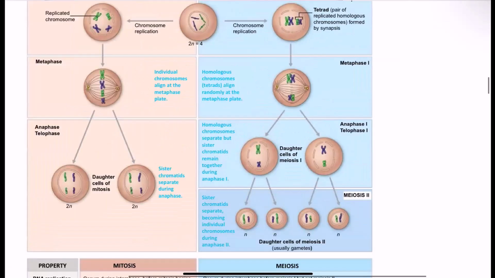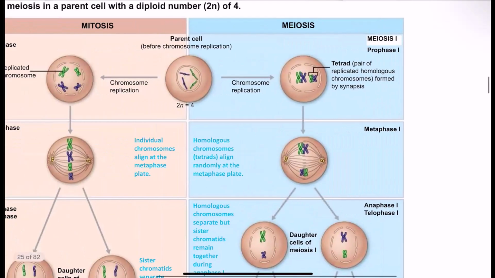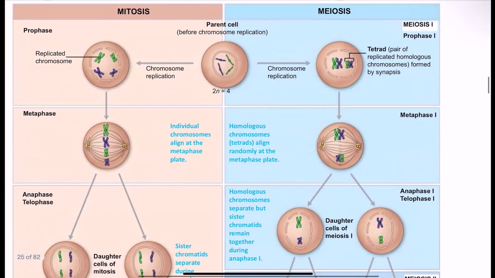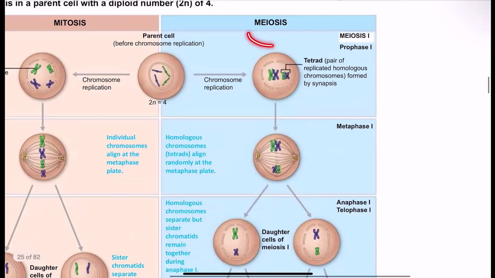Meiosis produces genetically unique daughter cells, while mitosis produces genetically the same, identical daughter cells. The reason for that genetic variability in meiosis is because of 2 processes.